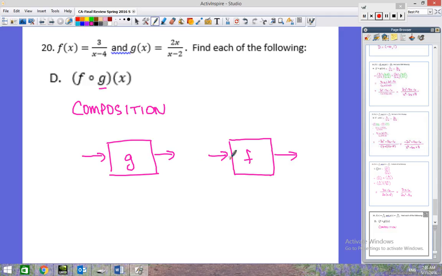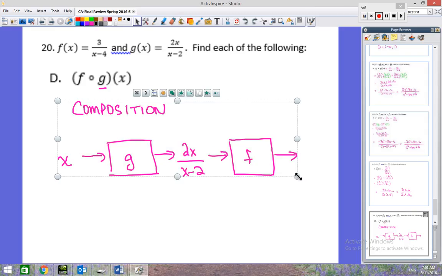So they want us to find an expression for this. In g, we have an input of x, and the output of g is given right there, 2x over x minus 2. Now, the hard part is this last step, determining what the output is. That's going to be a little bit more work for us.